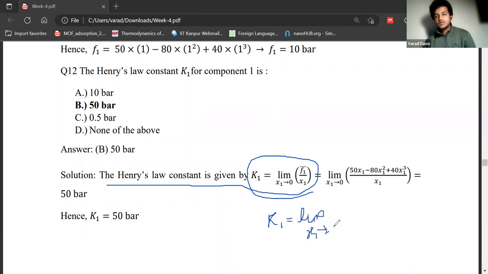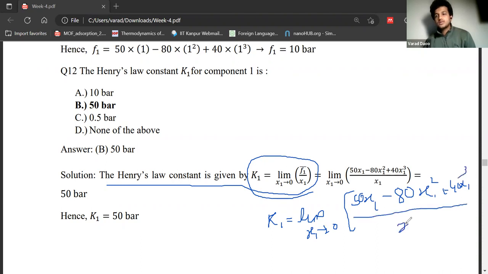x1 tending to 0 of F1 bar. What is F1 bar? It is nothing but 50x1 minus 80x1 square plus 40x1 cube, divided by x1, right? If we put x1 equal to 0 right away, we get a 0 by 0 form. So instead, we take x1 common from the numerator and cancel it out.